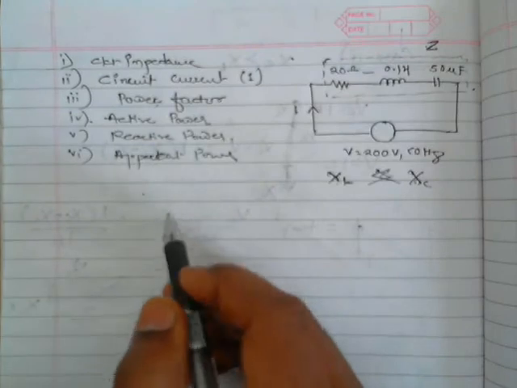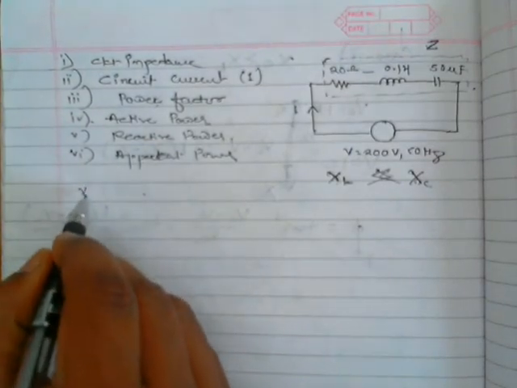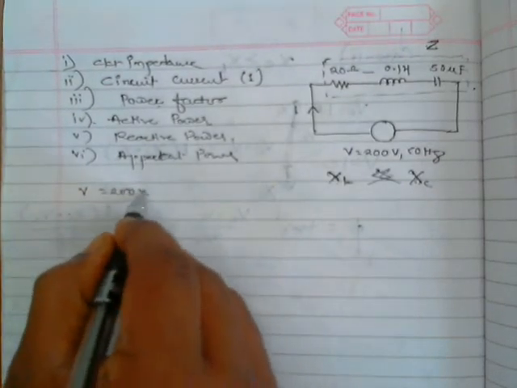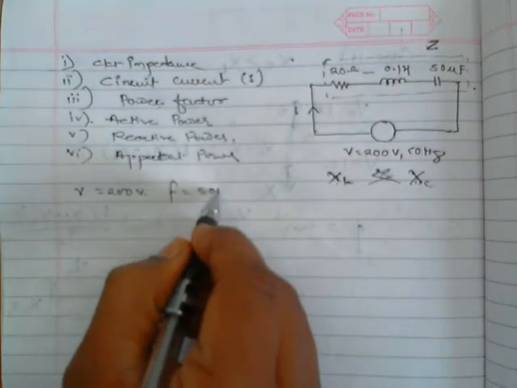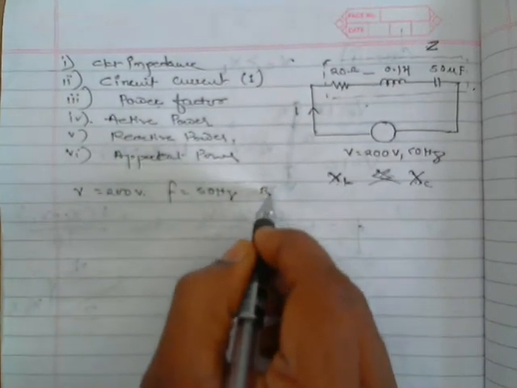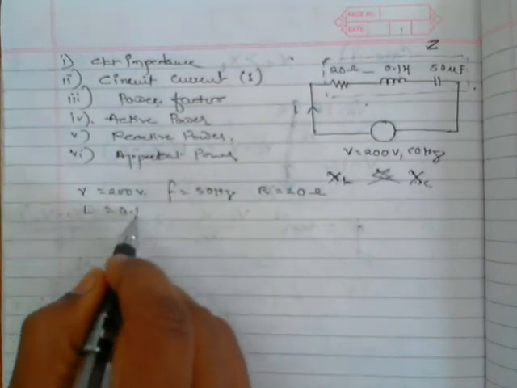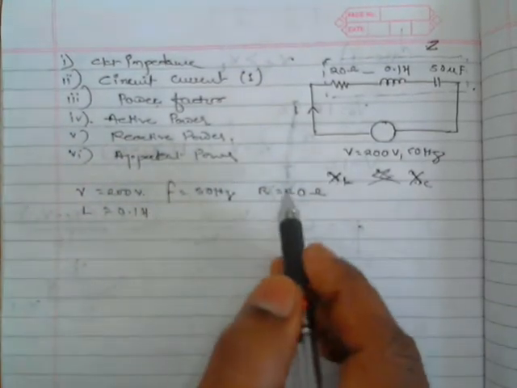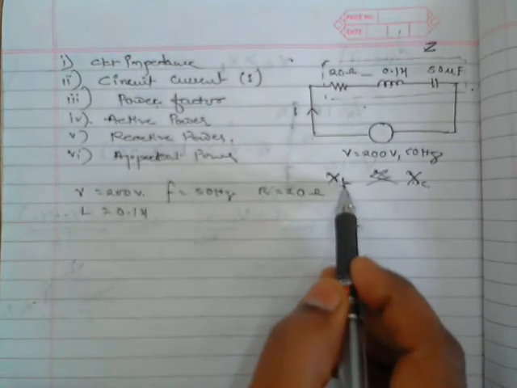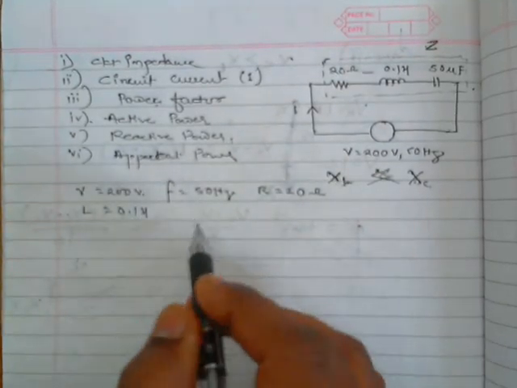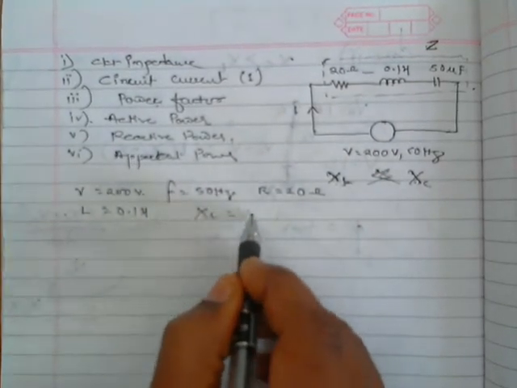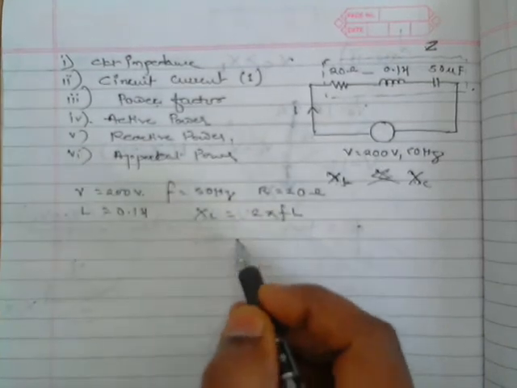Okay, let's start. First of all, what is given? Voltage is 200 volt, frequency 50 hertz, resistance 20 ohm, inductance 0.1 Henry. But we are interested in inductive reactance XL, not only inductance. So what is XL? XL is equal to 2 pi FL.